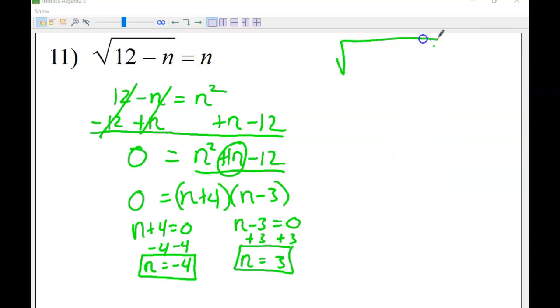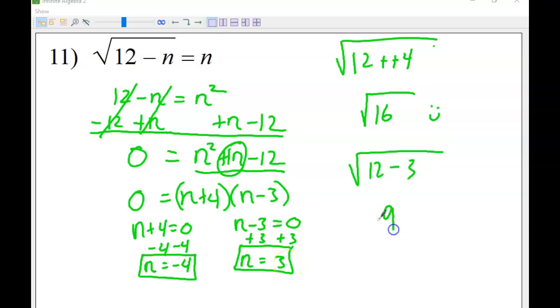So we take our expression, 12 minus n. If you put negative 4 in, double negatives becomes positive, and you end up with 16. So that's a good situation. And then we also have to check the other value we got for n there, 12 minus 3, which is 9. And that's also positive, so we're good. Okay? Both of those are good answers.